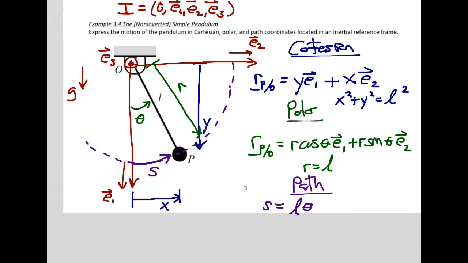So in this case we do have a well-defined version of this path, and it's L multiplied times theta.